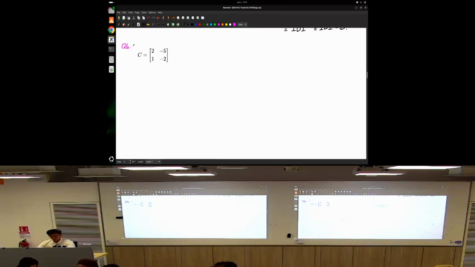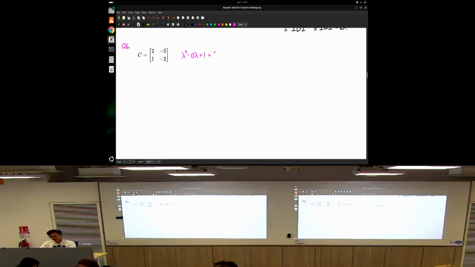Right, so for matrix C, if you try to solve for the eigenvalues, lambda squared minus the trace, but the trace is 0, right? So it's lambda squared minus 0 lambda plus the determinant, which is minus 4 plus 5. So it's plus 1.